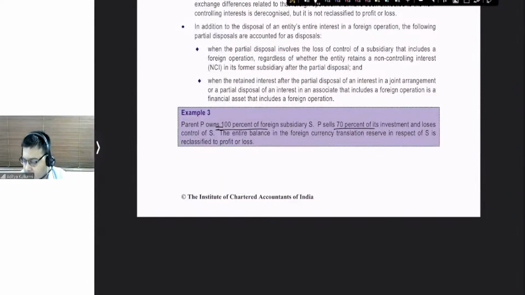The remaining 30%, it is a minority shareholder. It could be an asset. It could be a joint venture or an associate, depending on whether there is significant influence or not. But for sure, it will not be a subsidiary as there is no control. So the entire FCTR has to be derecognized. So that takes care of Viraj's question.